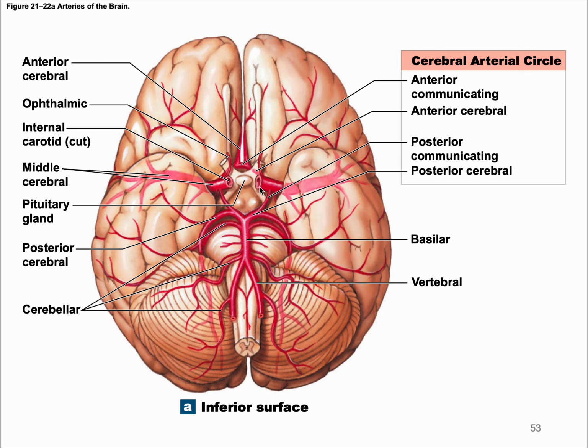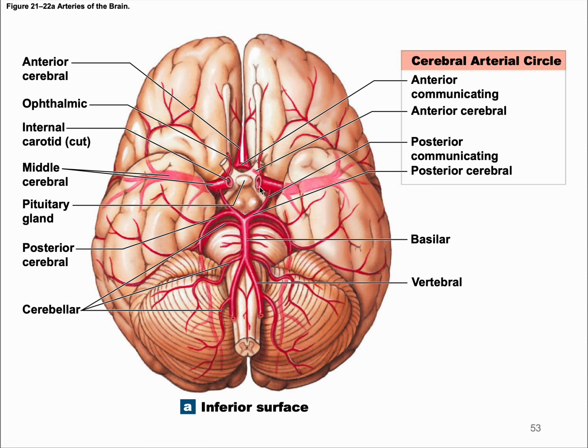So your medulla, midbrain, pons, cerebellum, those are all supplied by the vertebral arteries. Once those two vertebral arteries merge together, it becomes the basilar artery, which will supply the pons and midbrain.